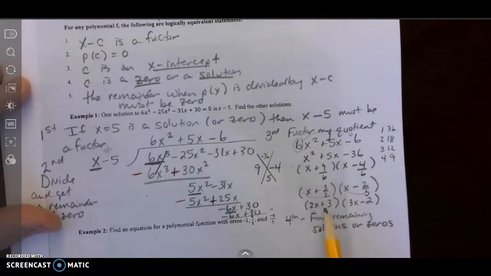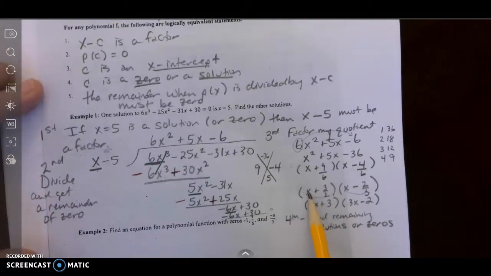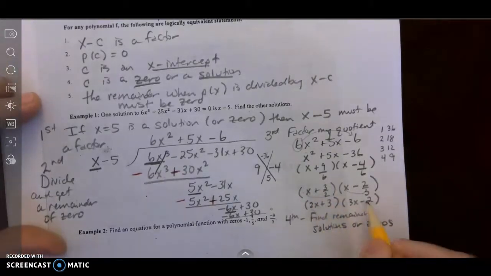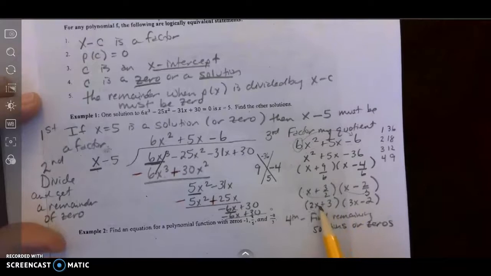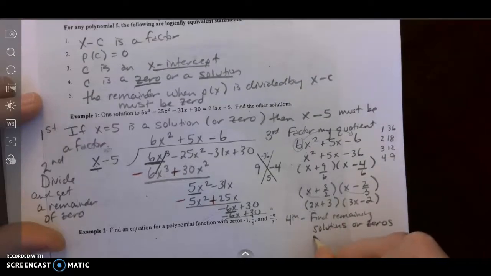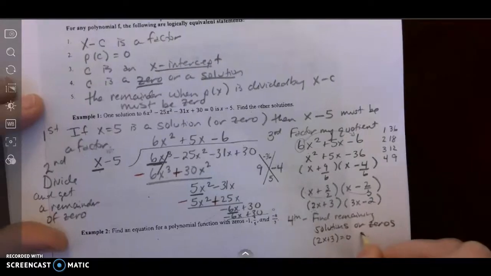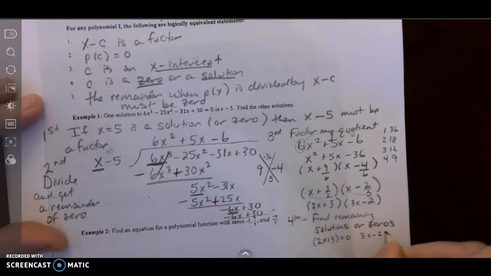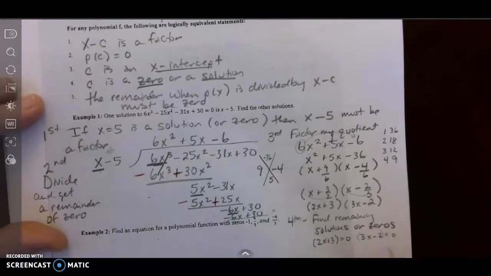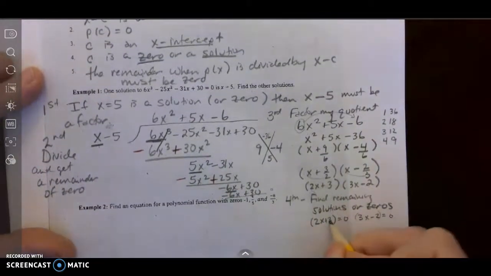Well, if I set each of these equal to 0, back at this step, it makes the 0 very noticeable, because when you set each of these equal to 0, you're going to end up subtracting 3 and dividing by 2. And I'll just show that. I don't want to confuse things. 2x plus 3 equals 0, and 3x minus 2 equals 0. I'm setting each factor equal to 0.